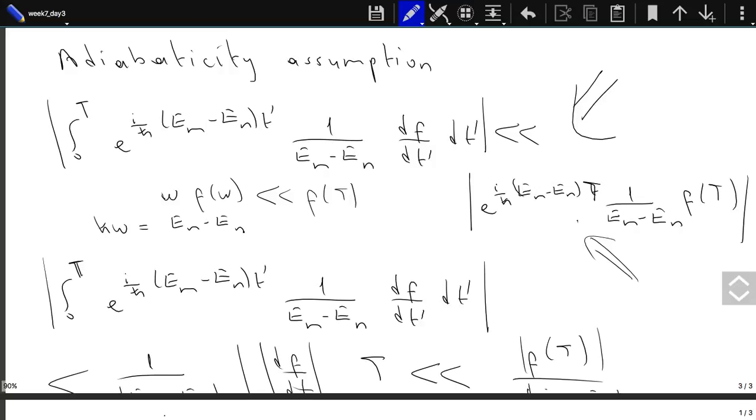Our proof is done. And this cannot be satisfied for large values of omega. And by the way, we assume this to be 1. Actually, I think we can find some functions that satisfy this condition and have non-zero values at high frequencies.